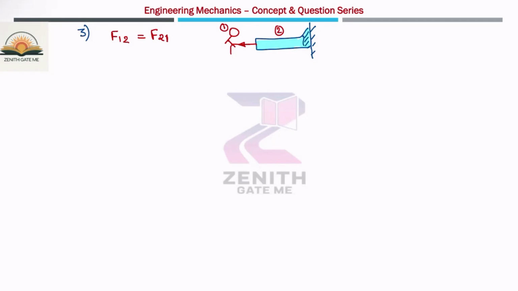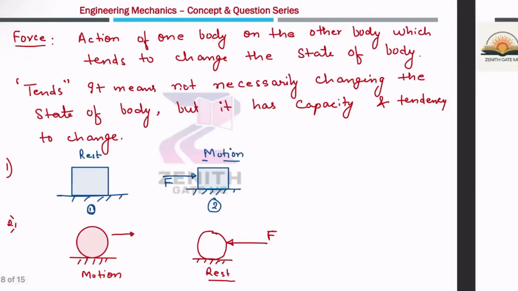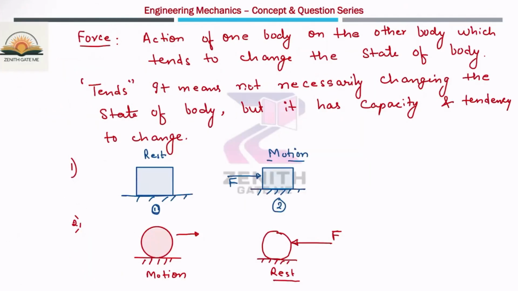So whatever force is experienced by this man due to this frame will be equal to the force experienced by this frame due to this man. Okay, so in this particular case, the body is not in motion, it is in the rest condition. So it is not necessarily that it will change the state of body, but it has a capacity which can change the state of that body. The body can be moved from rest to motion or from motion to rest.